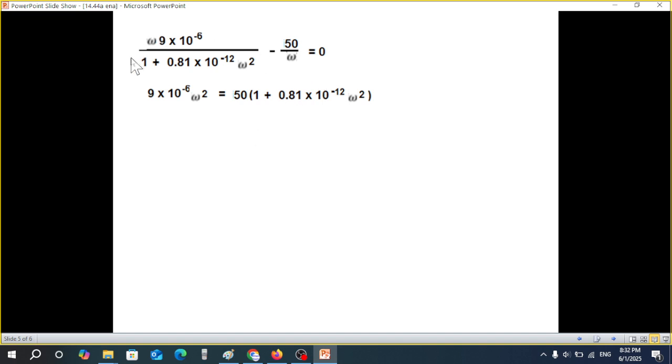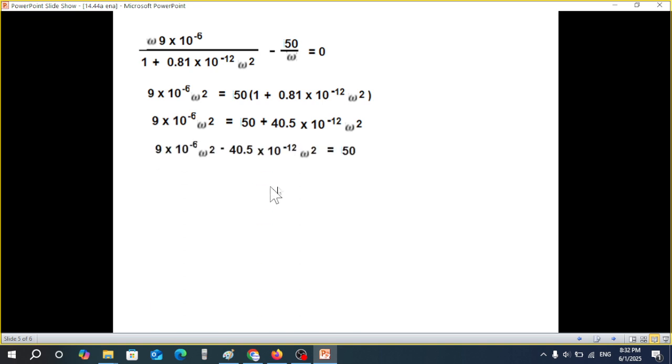So cross multiply and just collect the like terms, omega terms on one side and the whole number on the other side. And now taking omega square common from here. Now if you solve this, look carefully, this is 9 times 10 raised to the power minus 6.